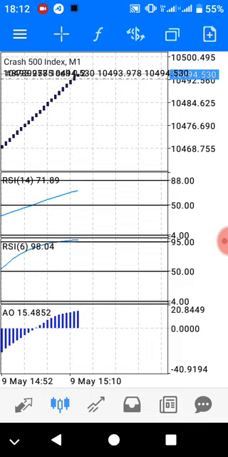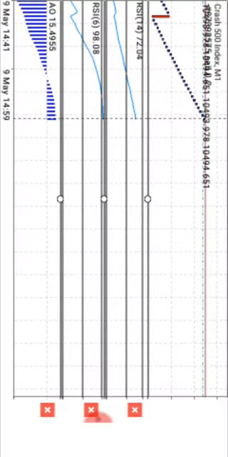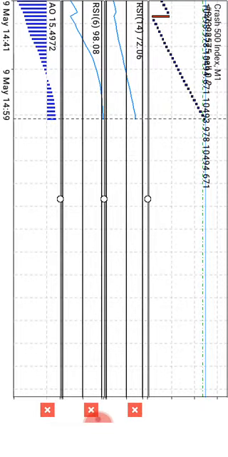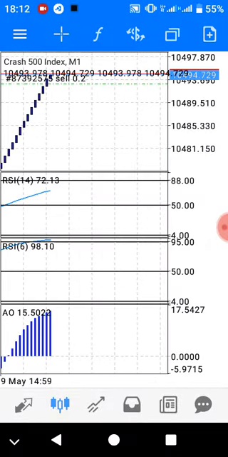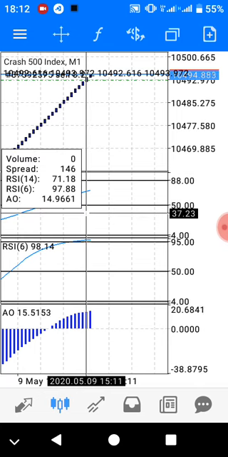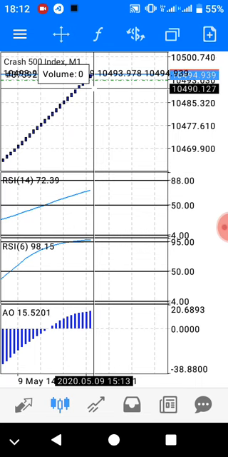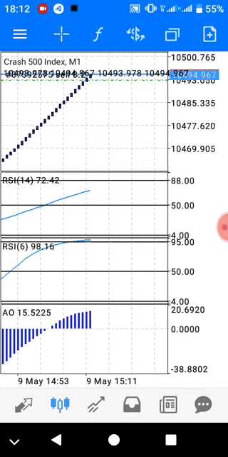So how do you use the RSI 14? You use it to enter what I call the final sell order. This first sell order, it's the first because it will crash anytime.